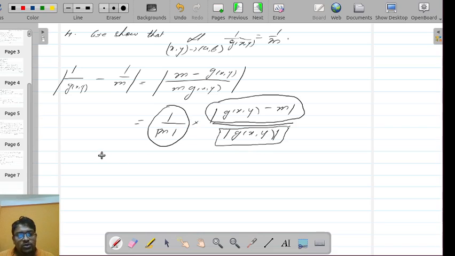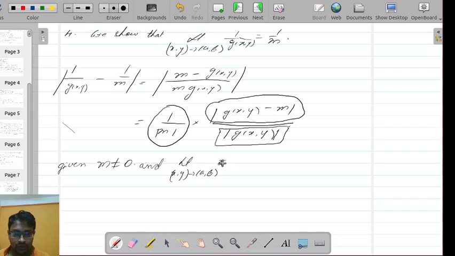So what can we do here? We are already given that m is non-zero, and limit of g of xy as xy tends to ab is equal to m.